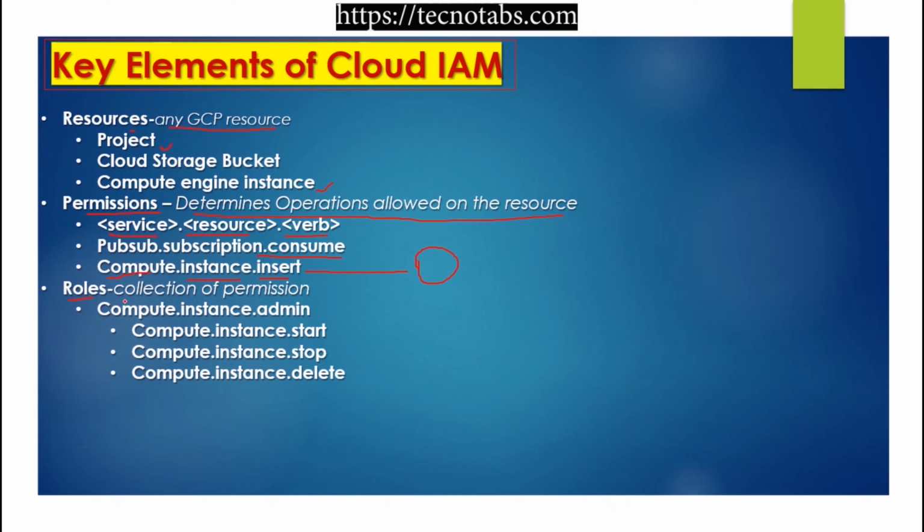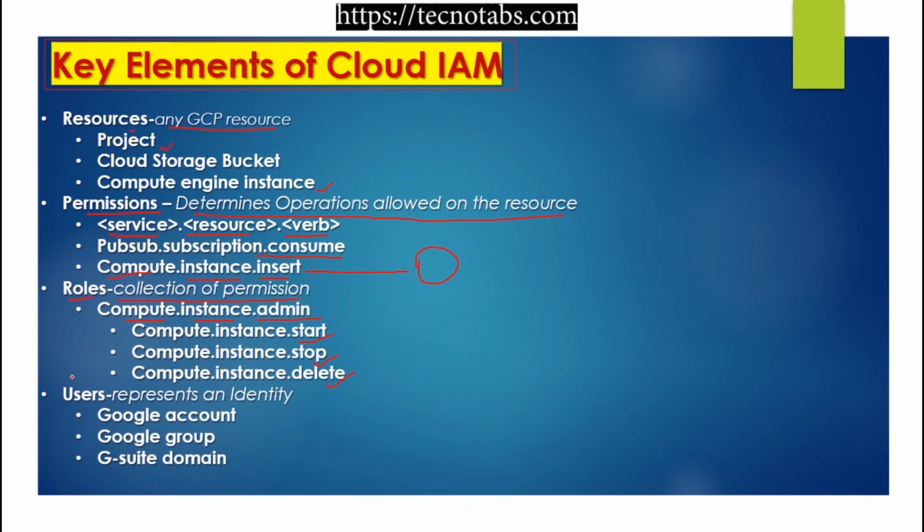Now there are roles, which are nothing but collections of permissions, and if you have the compute.instance.admin role defined for you, you can perform certain kinds of actions on that particular resource. For example, you can start the VM, you can stop the VM, or you can delete the VM, and so on. And finally there is the user that represents an identity.